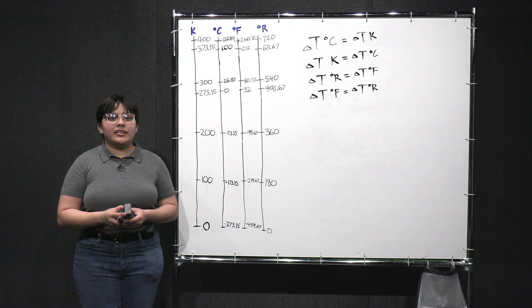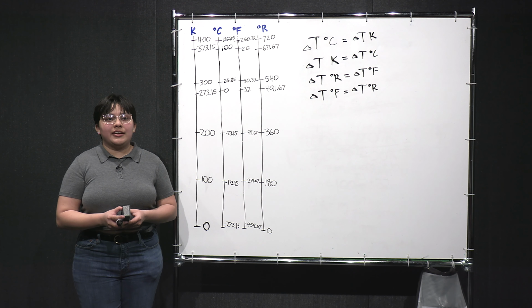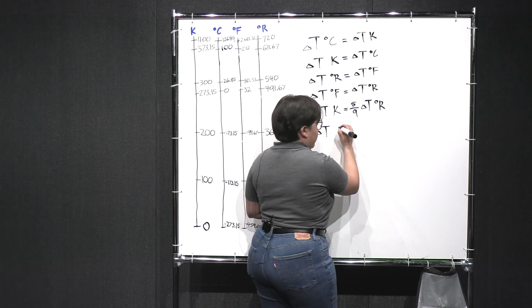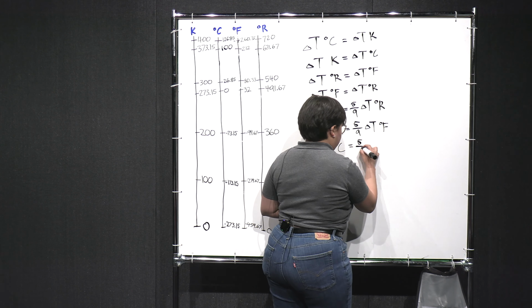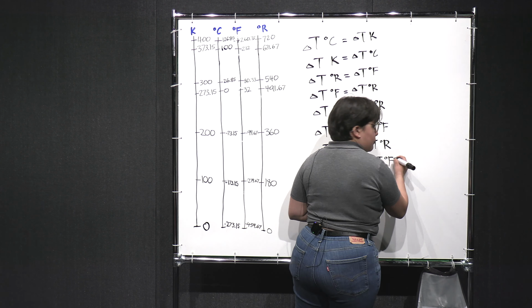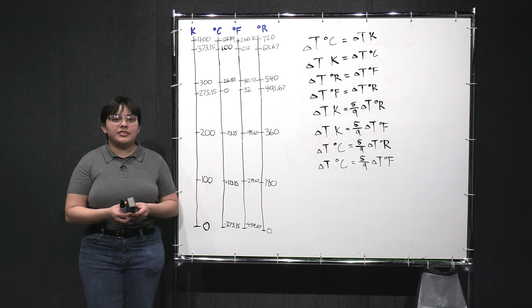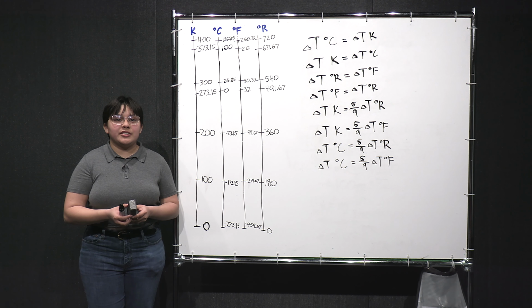Multiply by 5/9 in the case of degrees Rankine to Kelvin, degrees Fahrenheit to Kelvin, degrees Rankine to degrees Celsius, and degrees Fahrenheit to degrees Celsius. Multiply by 9/5 in the case of Kelvin to degrees Fahrenheit, degrees Celsius to degrees Fahrenheit, Kelvin to degrees Rankine, and degrees Celsius to degrees Rankine.